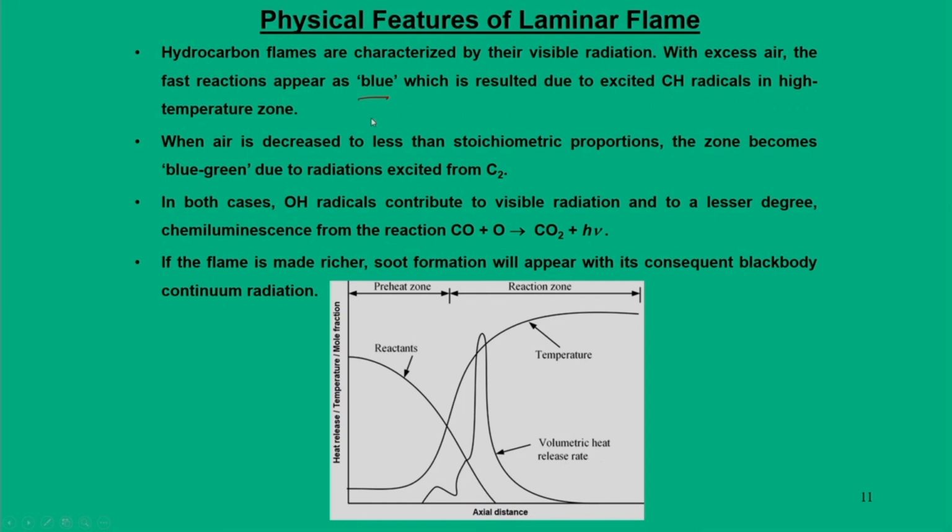When we reduce the excess air, that means we come back to stoichiometric, or we enter the fuel rich region, the color becomes blue green. This is mainly due to carbon atoms or C2.